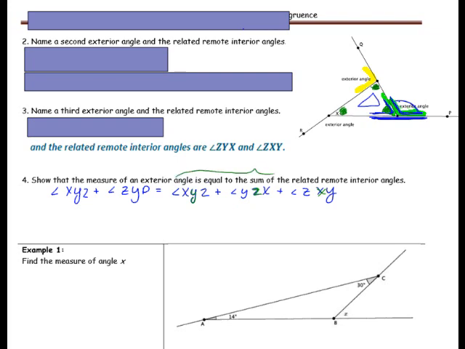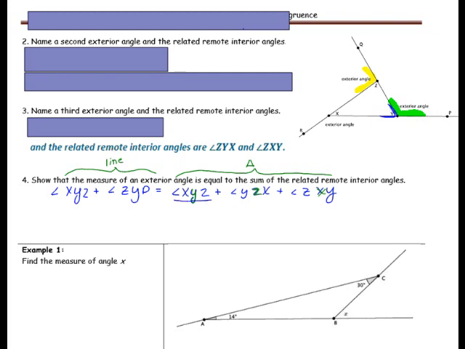So this is the triangle sum adding up to 180, and this is the straight line adding up to 180. And since they both equal 180, they equal each other. Then they have this common angle right here, which is XYZ.